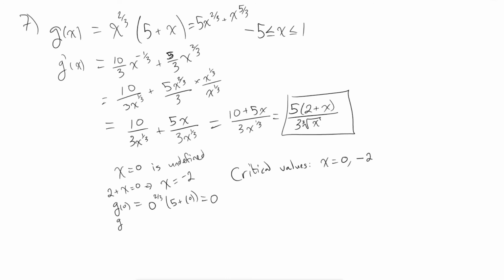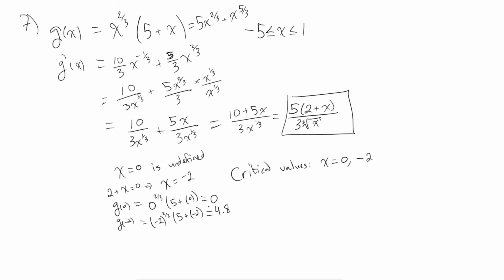And g at negative 2, so we have negative 2 to the power of 2/3 multiplied by 5 plus negative 2, which gives us a value of approximately 4.8. And we will check our endpoints now.